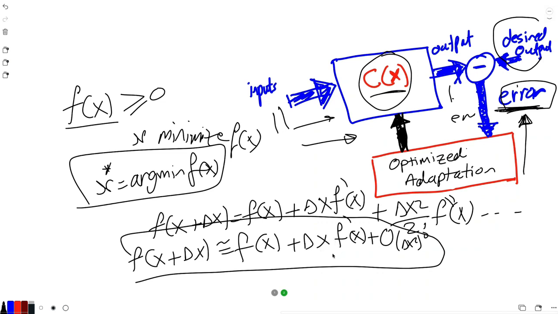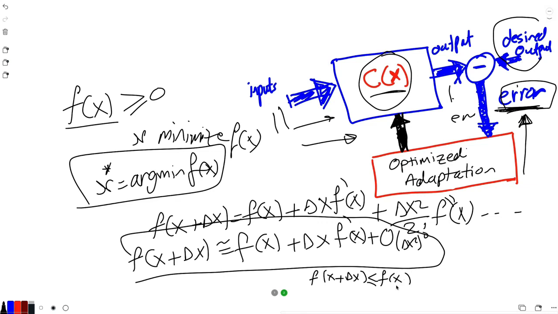Now we know that f of x is always greater than or equal to 0. And this delta x is the direction in which we should adapt x in order to minimize f of x plus delta x. Because we want to solve this problem in an iterative way, if we are going in the right direction, then f of x plus delta x must be less than or equal to f of x.